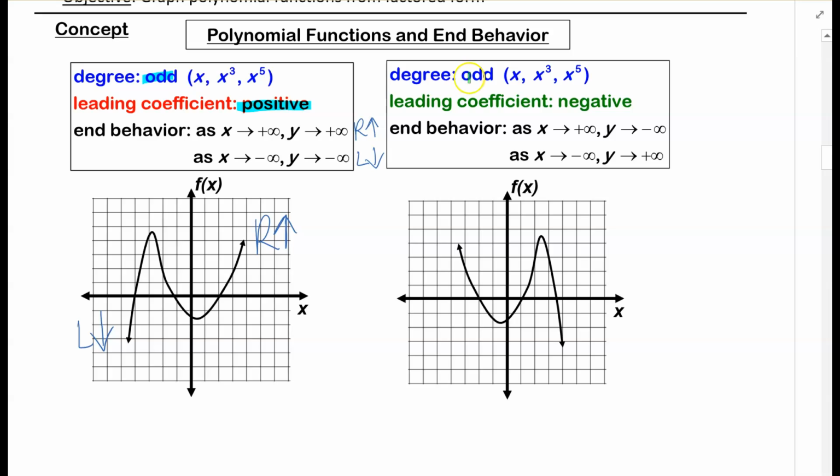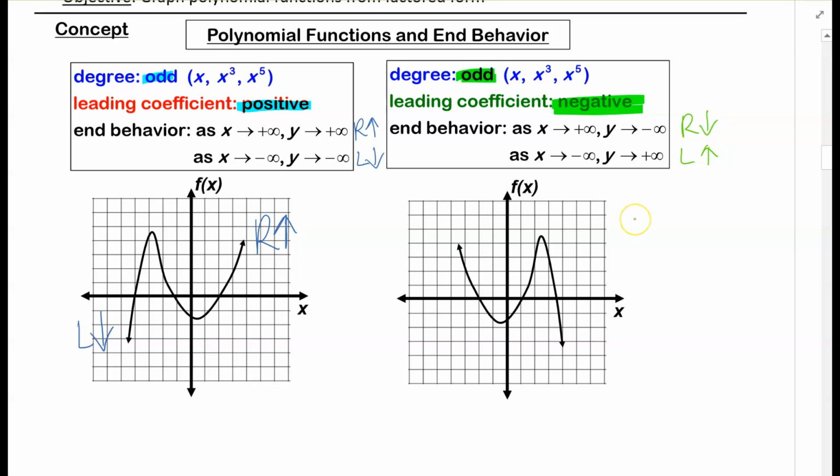Then I have over here an odd negative function. Odd meaning my degrees are odd, 1, 3, 5, and so forth, and negative meaning my a value is negative. My end behavior is going to be as x approaches positive infinity, so positive is the right side, y approaches negative infinity, which means down, and as x approaches negative infinity, which is the left side, y approaches positive infinity, which means it's going upwards.